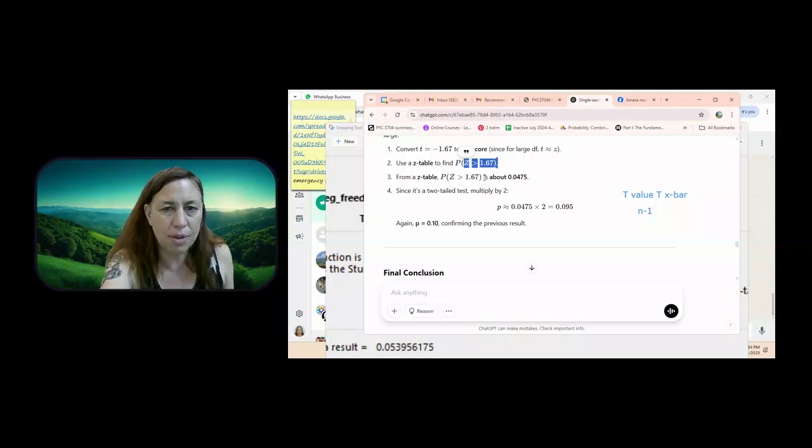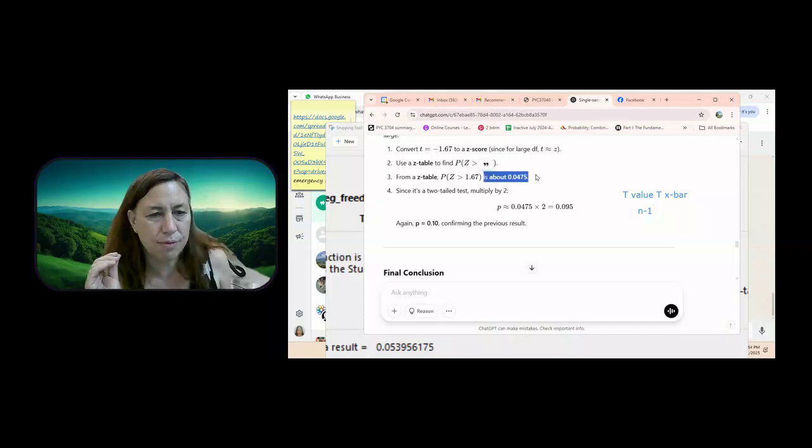And you find it's approximately 0.475, which is very close to our p-value from the t-score, which was 0.54. So it's not far off. It's like 1% difference, okay? And the bigger n, the closer those two numbers get.